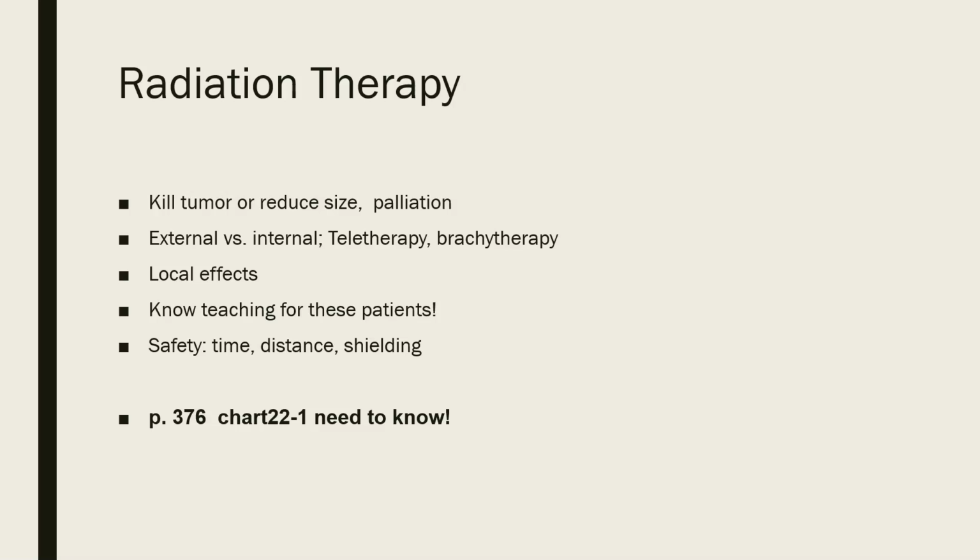It kills both cancer and normally rapidly growing cells, so just keep that in mind. I want to make sure, again, you need to know chart 22-2, skin protection during radiation, and the action alert on page 390 is also essential for you to know.